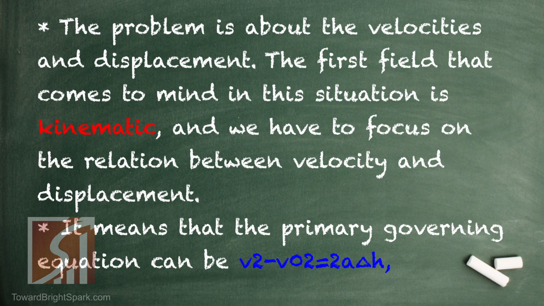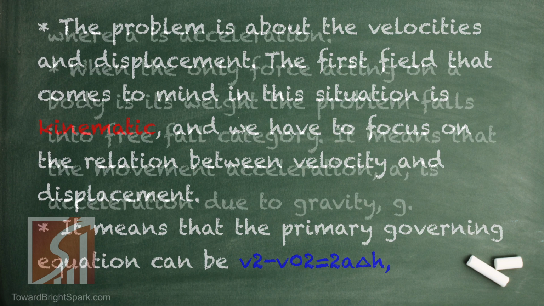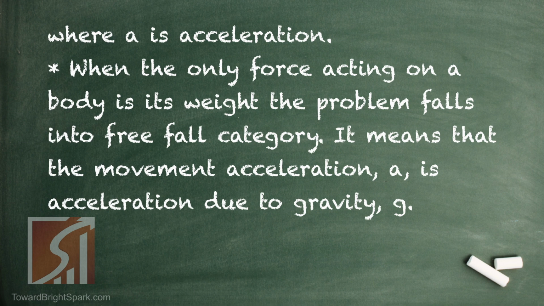It means that the primary governing equation can be v squared minus v0 squared equals 2 times a, which is acceleration, times delta h, which is the displacement. When the only force acting on a body is its weight, the problem falls into the free fall category. It means that the movement acceleration is the acceleration due to gravity, which is g.